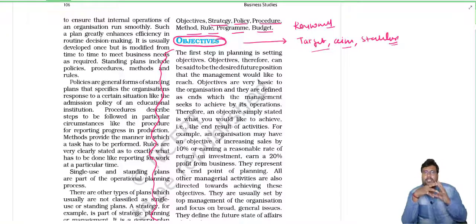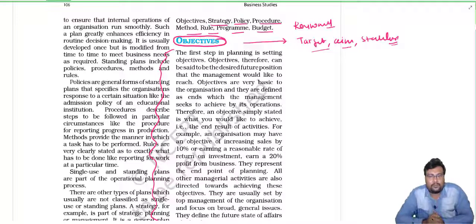If in a particular case study a target is given, like 10% profit growth, it is an objective. The business aim is to increase sales by 5% at the end of the year. That is an aim, a target. So that will be the objective.